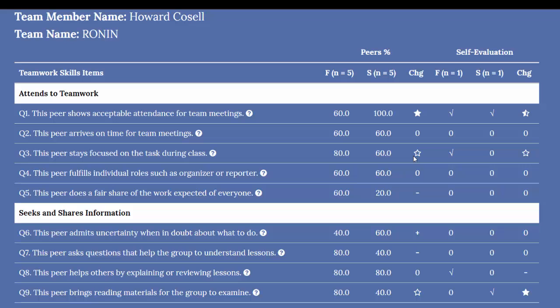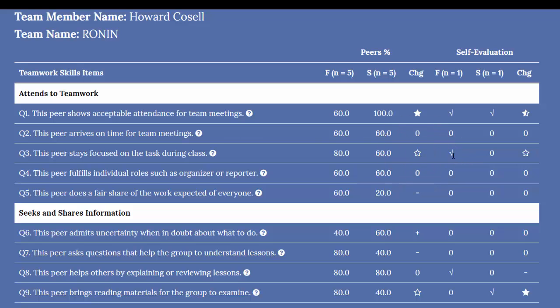Question 3 or team skill 3. We go from formative, 80% of his teammates thinking he demonstrated this, to 60%. And he happened to have chosen this as a goal, so it's more of an outline showing that this goal was not at all achieved. In fact, there was a downward spiral in terms of progress. There was negative progress, I guess you could say.